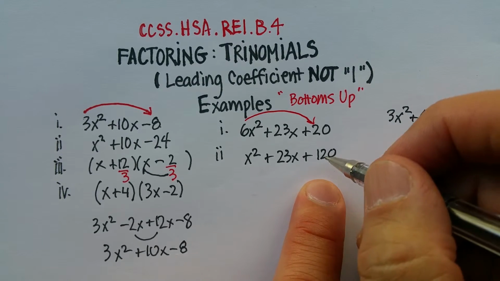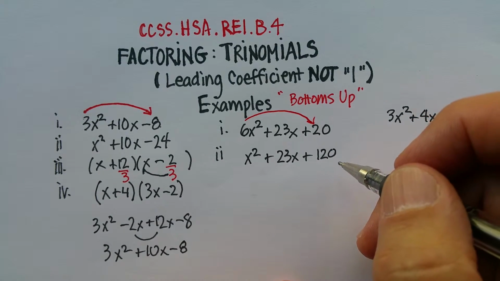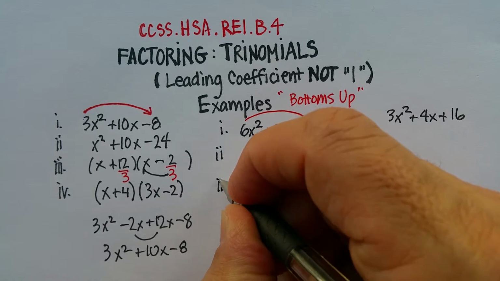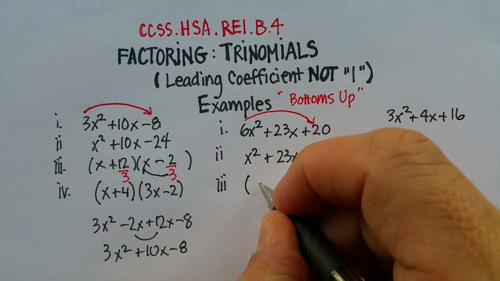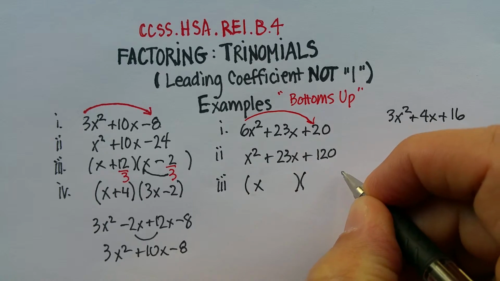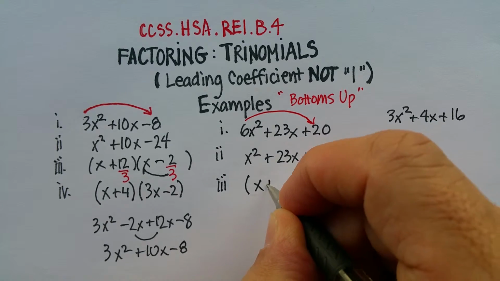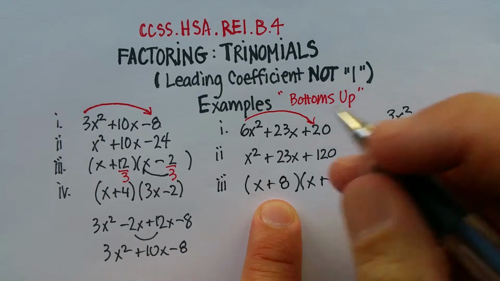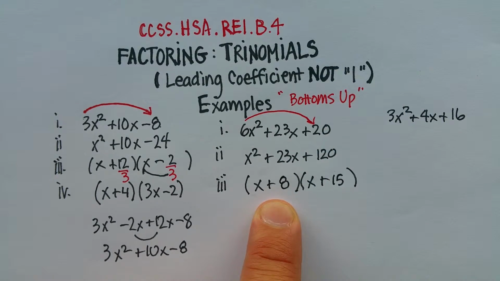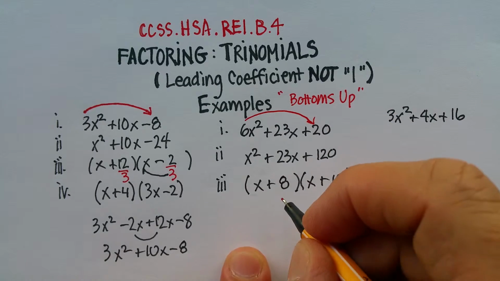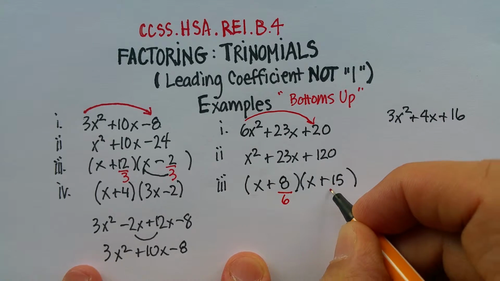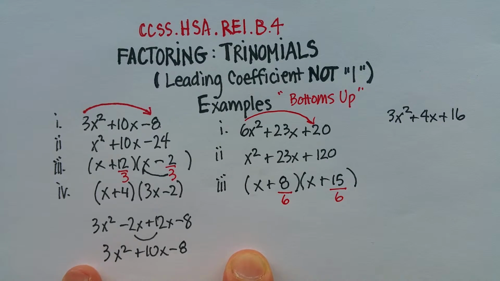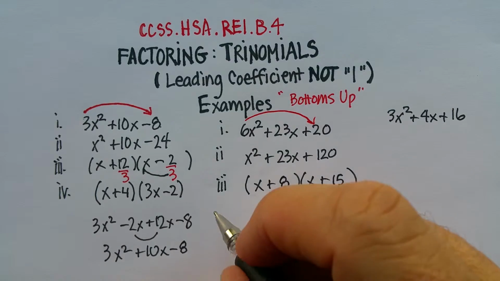If you go through the factors of 120, it looks like it's going to be x plus 8, x plus 15. Remember, you need to divide now by the number that you multiplied by first, and that's 6.